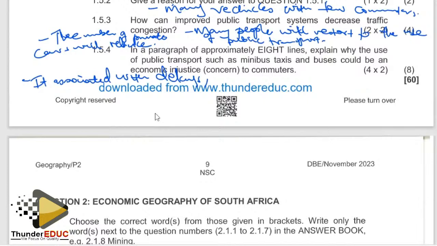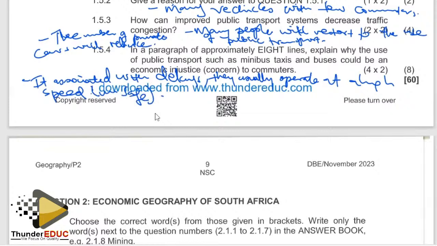Okay. And number 2, we shall say they usually operate at a high speed. This high speed will cause accidents, or it makes it insecure, making it unsafe.